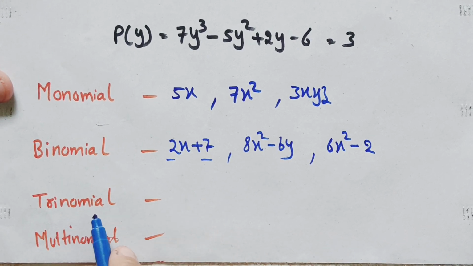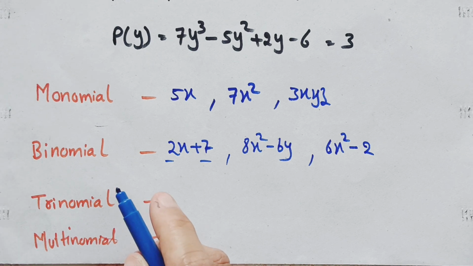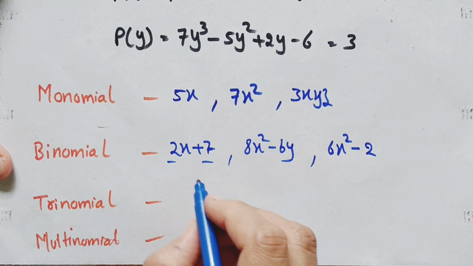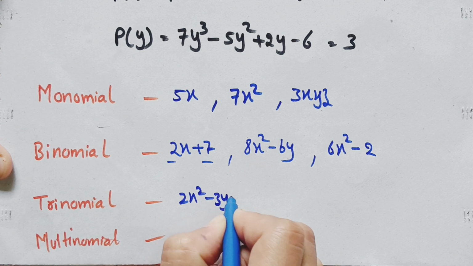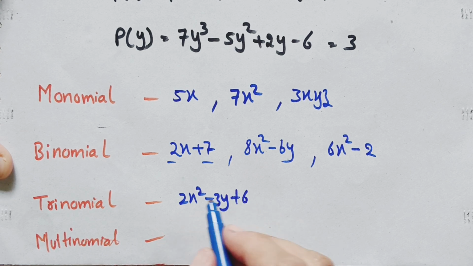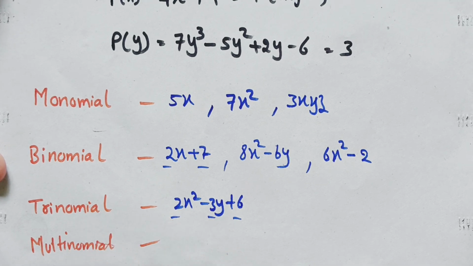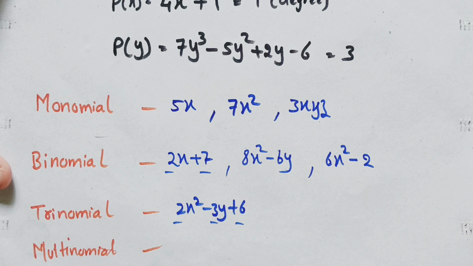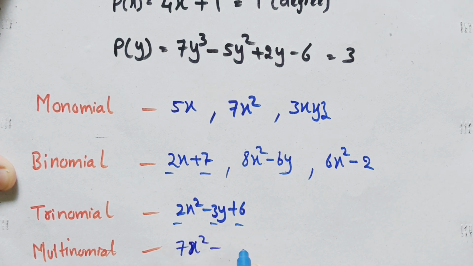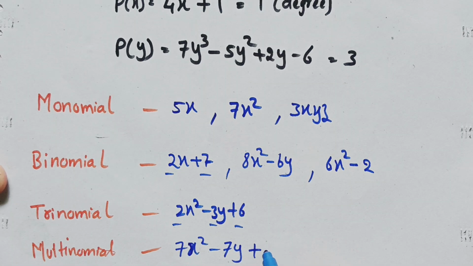Let's see what is trinomial. Trinomial is nothing but we have three terms like 2x square minus 3y plus 6. So we have three terms. So this type of polynomials we call it as trinomials. So multinomial is nothing but more than three terms like 7x square minus 7y plus 8x power 5.